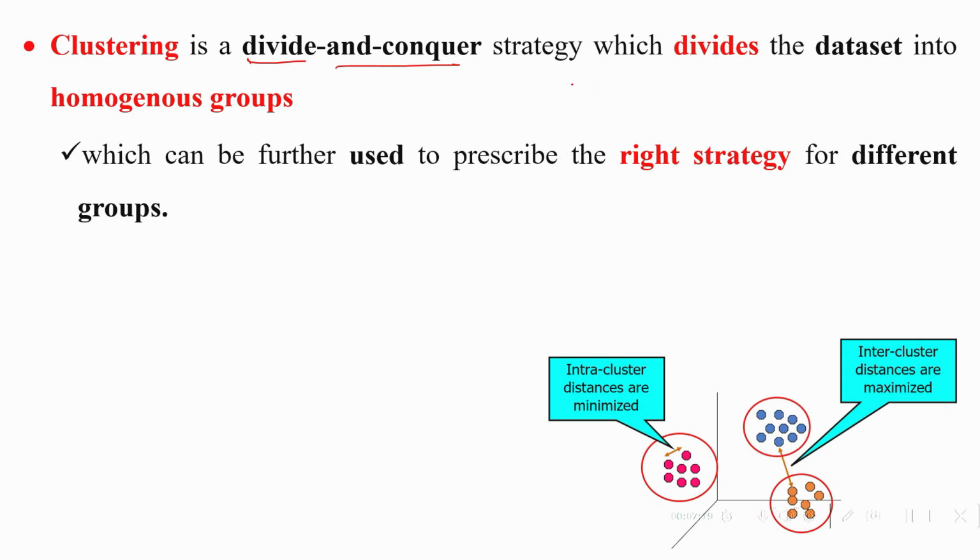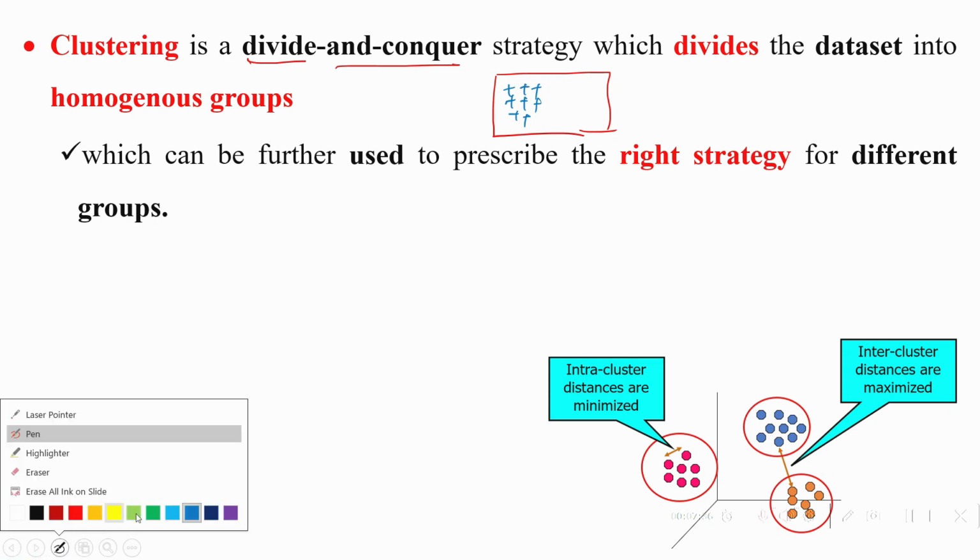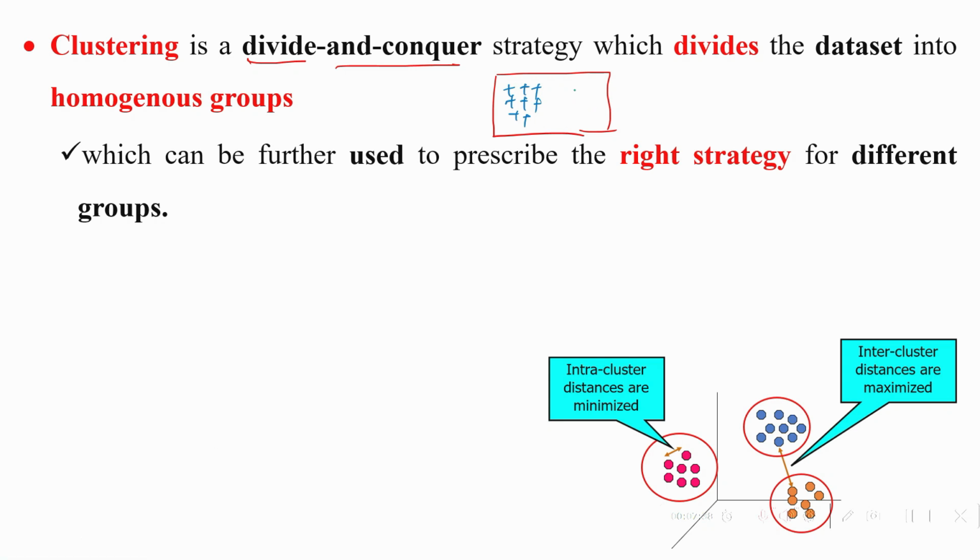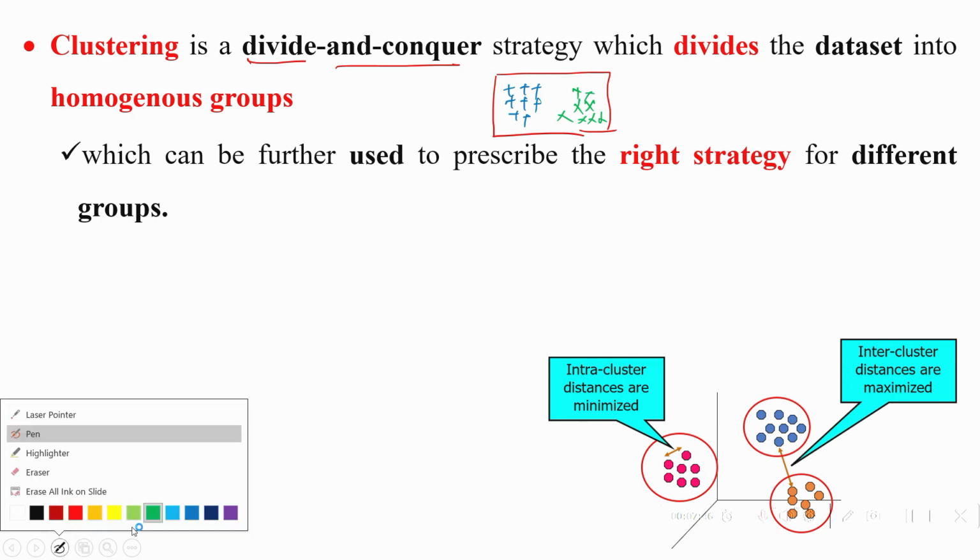For example, the data set contains n number of elements, n number of instances. Here is one group of elements, and one more group, and one more group like this. Based on these features, we are going to group them into different categories.